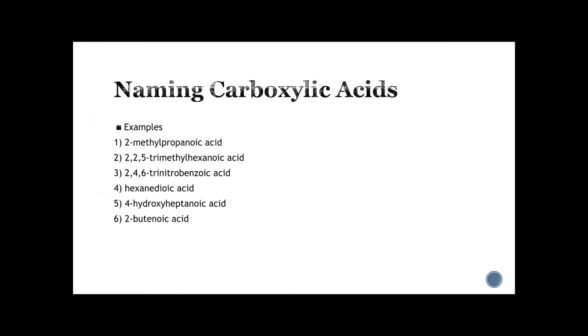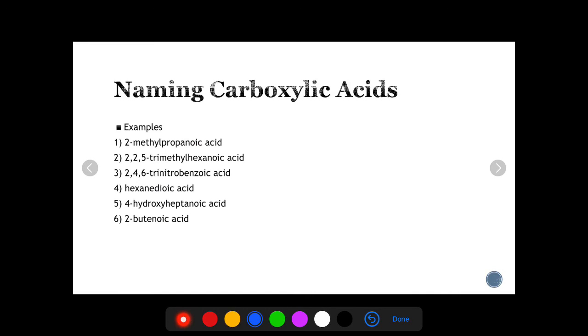Okay, so now we're going to draw these carboxylic acids. So the first one we have is 2-methyl propanoic acid. So our parent chain is going to be propane. So we have propane with the carboxyl group on the end.